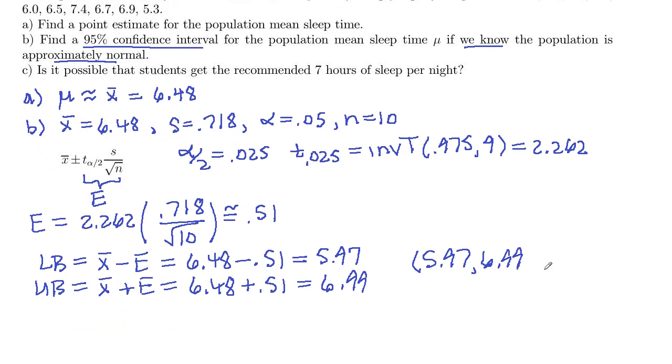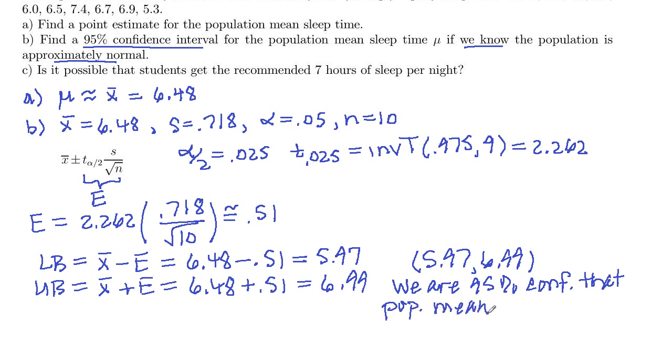And then if we interpret that interval, this is a 95% confidence interval. So we are 95% confident that the population mean sleep time is between 5.97 and 6.99 hours.